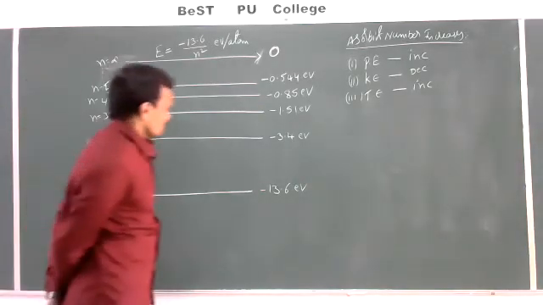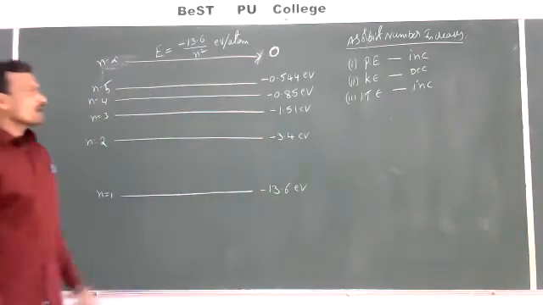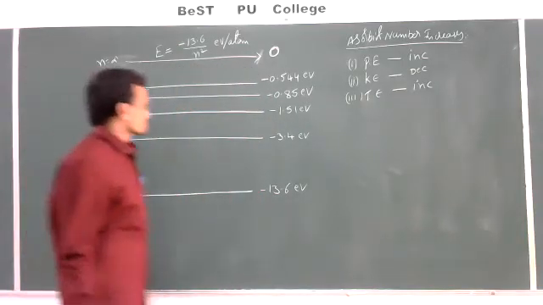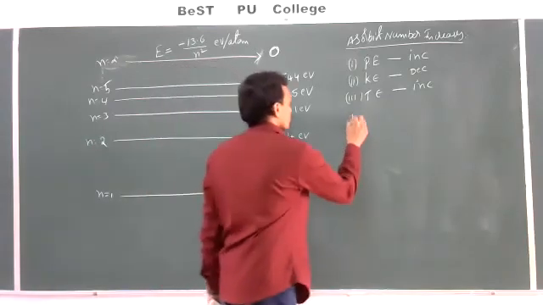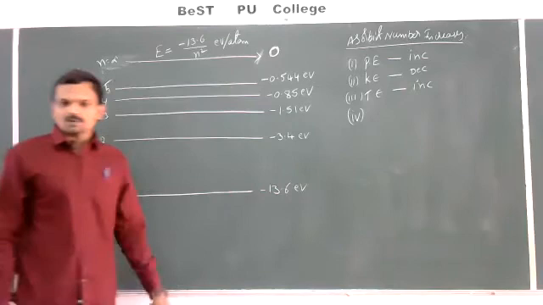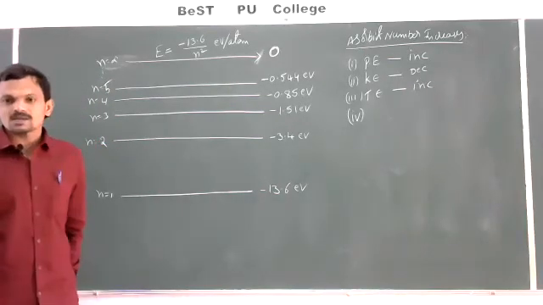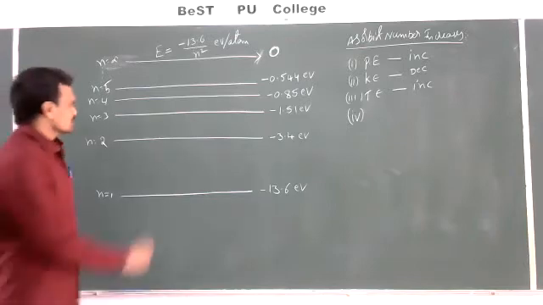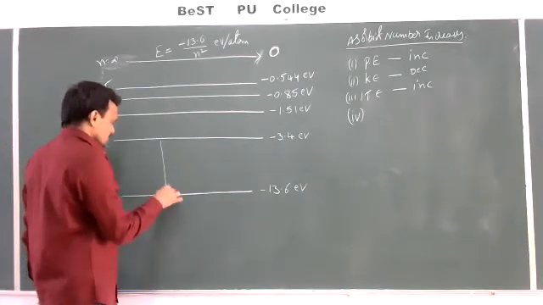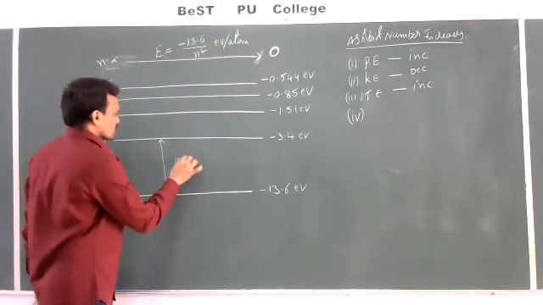Okay, right. Now see, one more. As the orbit number increases, the energy difference between two successive orbits decreases. See here, this energy difference is around 10.2 electron volts.